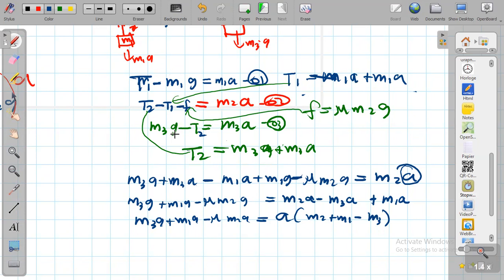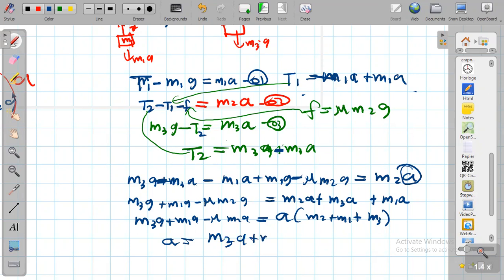Where did I make the mistake? M3G. Oh, there is the mistake here. That is the mistake. Here, this one is also plus. Okay, A equals what?